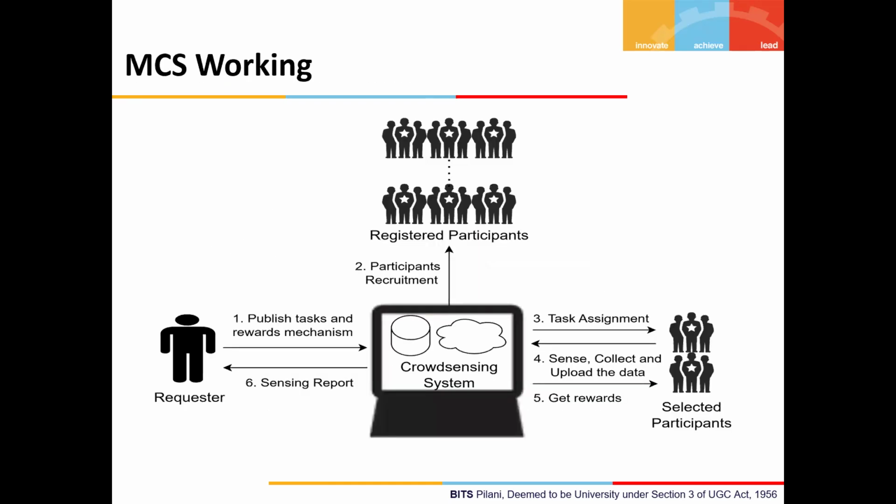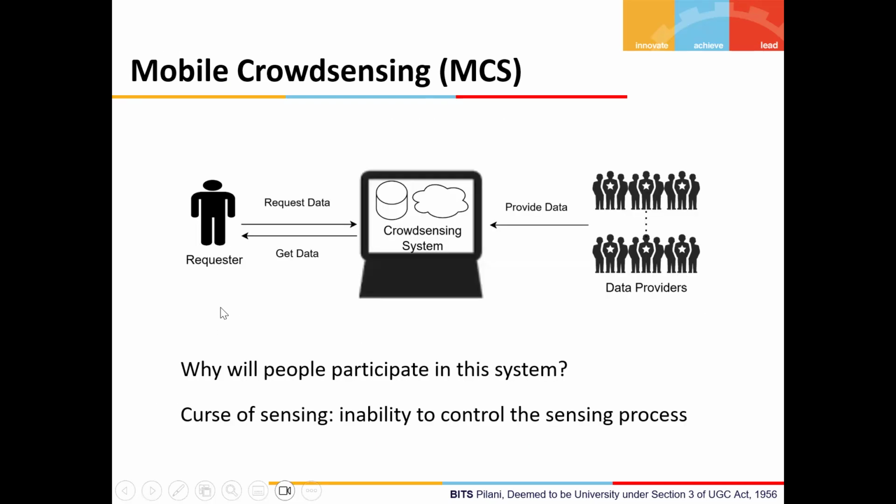So this is the complete picture. What will the requester do? In order to motivate people to participate in the system, we are providing incentivization. That could be in monetary form, or other benefits.